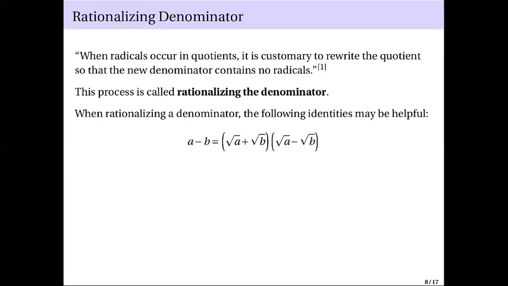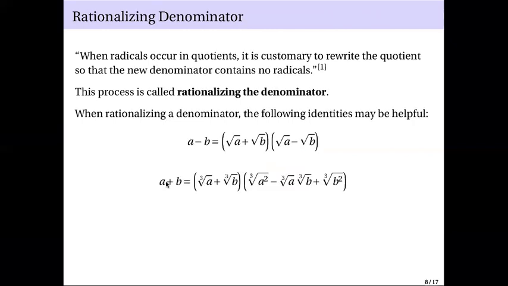Because this side is just square root of a squared minus square root of b squared. But square root of a squared is just a, and square root of b squared is just b. So a minus b equals square root of a plus square root of b times square root of a minus square root of b.